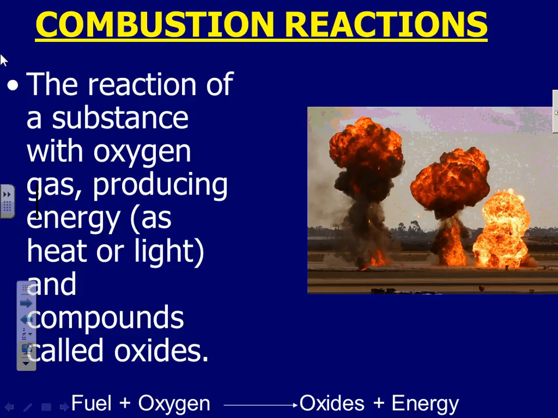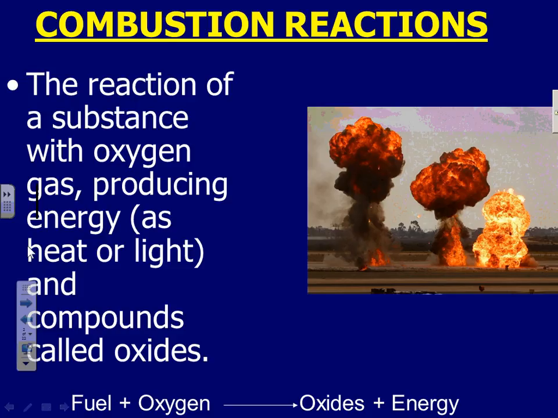Well, you're thinking of the explosion, but you see, I've got a chemical reaction right here down at the bottom. What side of the reaction will the oxygen be on every time we have a combustion reaction? On the left. Oxygen must be a reactant, okay? Sometimes we'll have oxygen as a product. That won't be a combustion reaction. So oxygen must be on the left for it to be a combustion reaction.